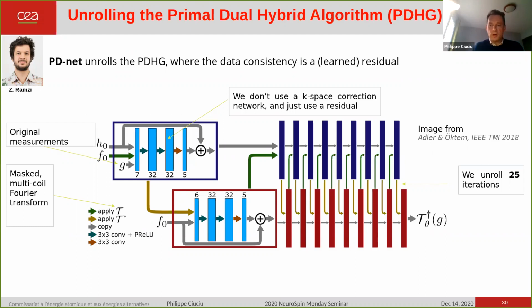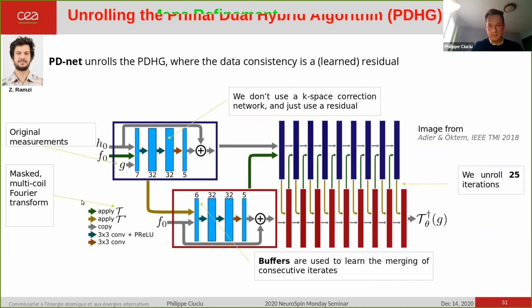And then we also unrolled 25 iterations between the blue blocks in the k-space and the red blocks in the image space. And we used this kind of buffers that are very convenient to merge the consecutive iterates and optimize the convergence. And here on this sketch, of course, T is supposed to be the multi-coil Fourier transform.